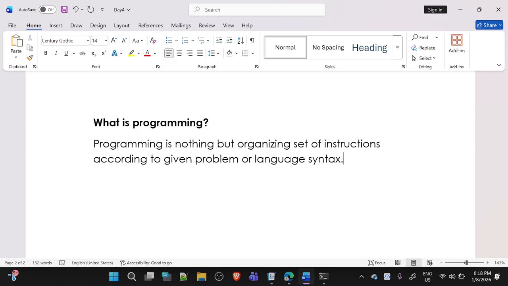So this is the definition of programming.